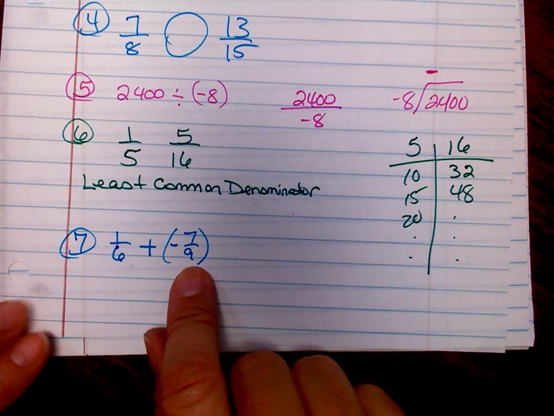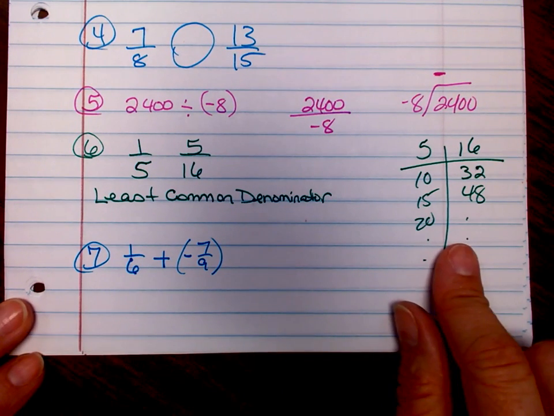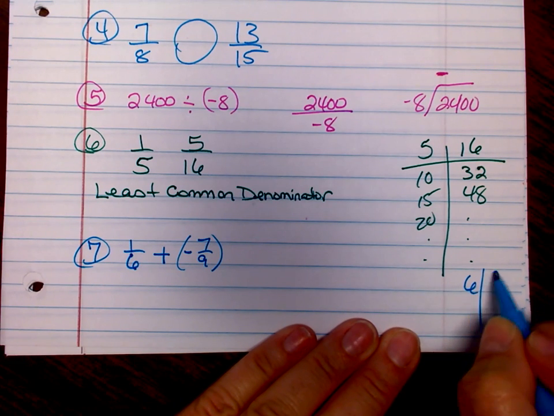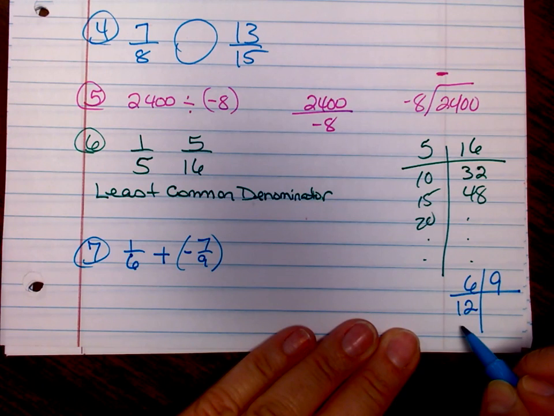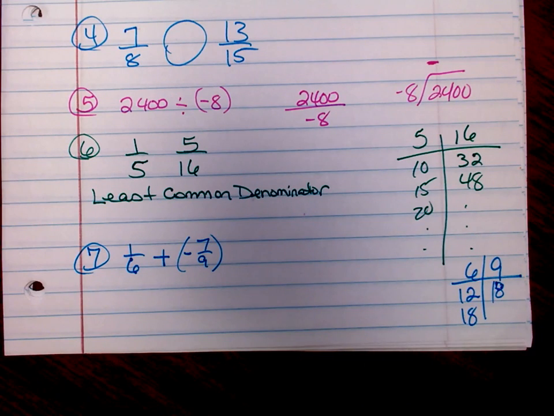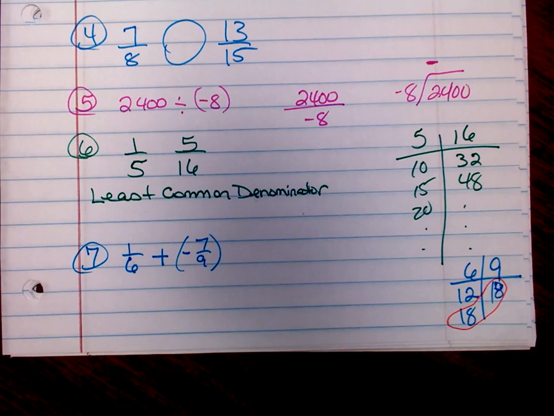It cannot. So you have to find a common denominator, which is what we did over here. So over here you'd make 6 and 9 and list their multiples. 6, 12, 18. 9 and 9 is 18. Okay, that one just happened to be a fast one. So that was my least common denominator.